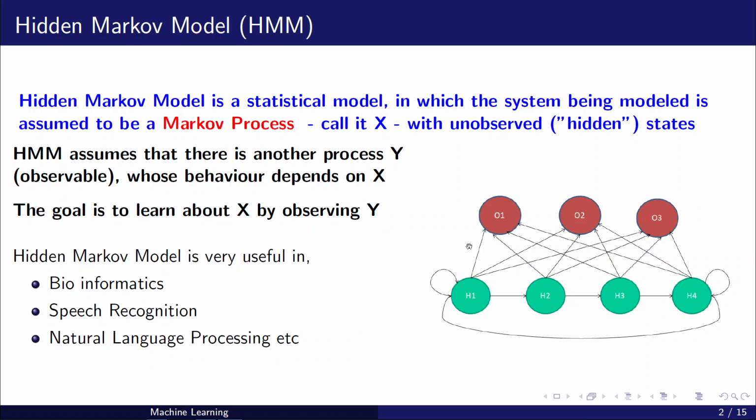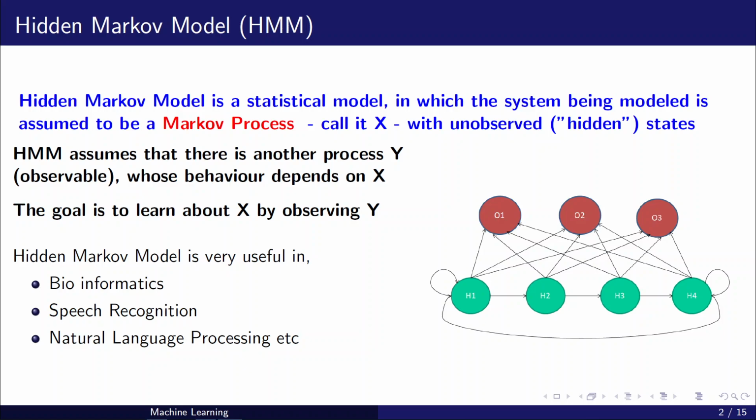So the goal of the hidden Markov model is to learn about X by observing the value of Y. You can observe only Y values, the X values are hidden. So by observing Y values, you find out or learn about X. That is the goal of the hidden Markov model.